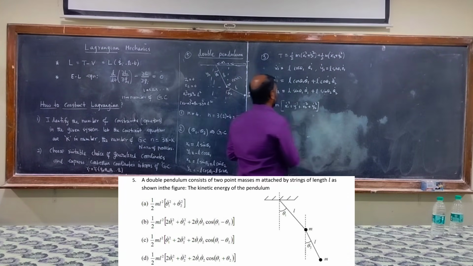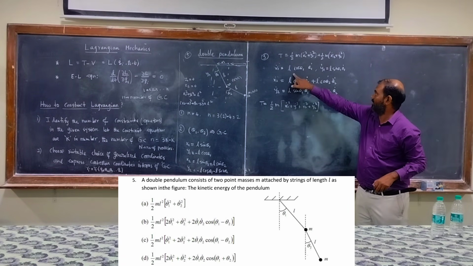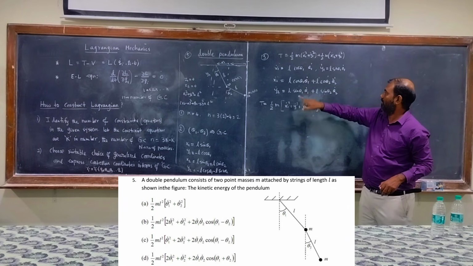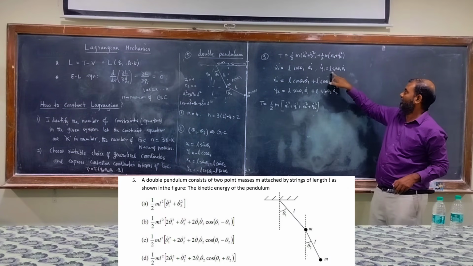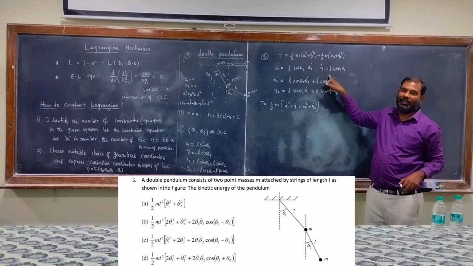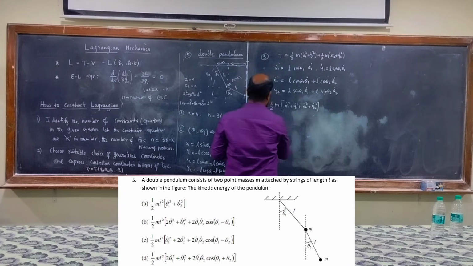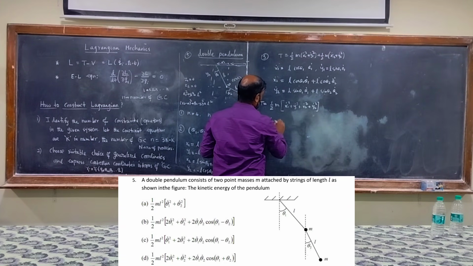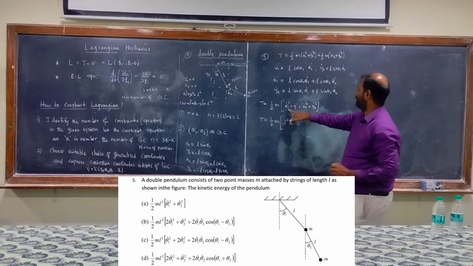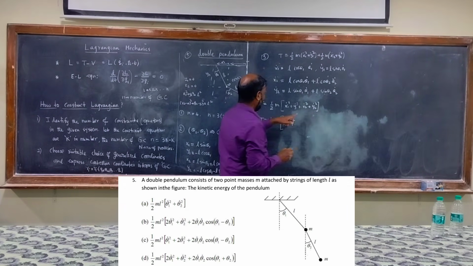So now look clearly. x1 dot square is L square cos square theta 1 theta 1 dot square. What is y1 dot square? L square sin square theta 1 theta 1 dot square. Now if you add both, what do I get? L square theta 1 dot square. So first I write T is equal to 1 by 2 m L square theta 1 dot square. Am I correct? Yes. So x1 dot square plus y1 dot square is finished. Next, what do we do? x2 dot square.